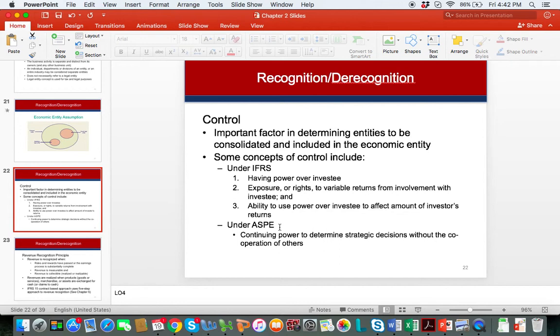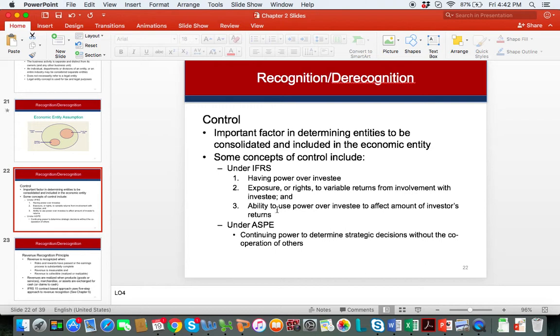If you're a private enterprise, you typically report under Canadian GAAP, but you can report under IFRS if you choose to, but you're not obliged to. So having power over the investee, exposure or rights to variable returns from involvement in the investee, and ability to use power over the investee to affect the amount of the investor's returns.